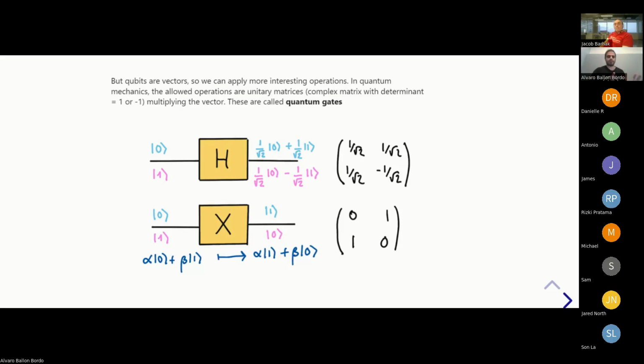So this matrix multiplies the vector on the left and turns it into something else. So, for example, this gate here, which we call the Hadamard gate, will turn the 0 qubit into this combination of qubits.